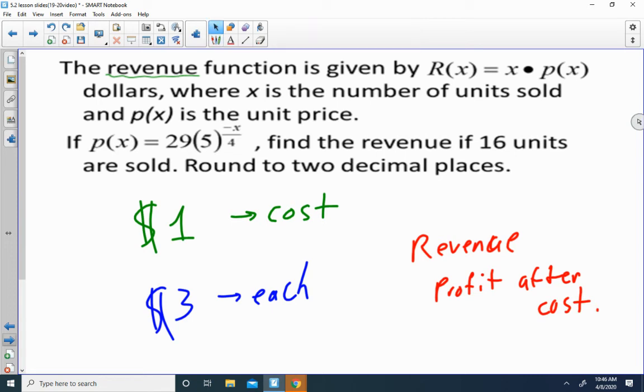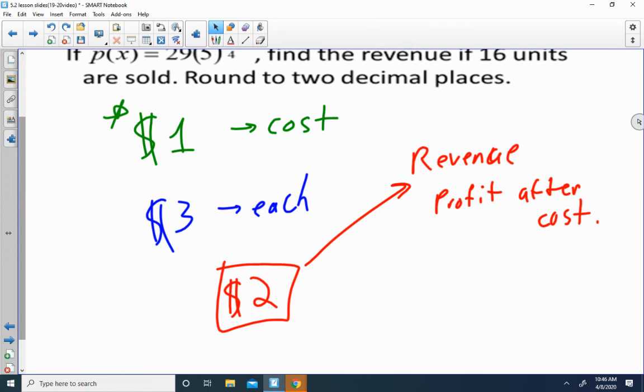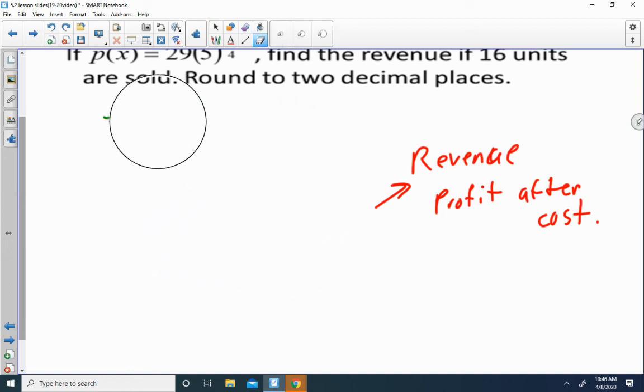So if you spent $1 per cup to make it, but then you sold each cup for $3, that means that you made $2 in profit once you take away all the expenses that you had to make the cups. That is revenue. Basically, how much money you have left after you take care of expenses. So now you have an idea of what revenue is.